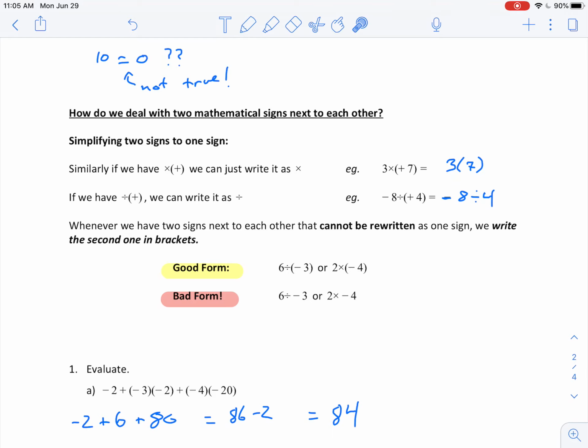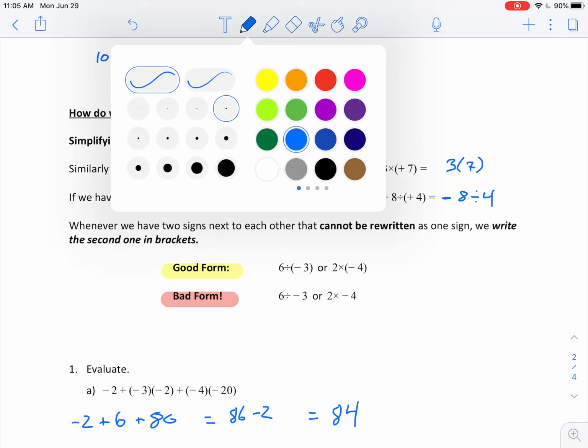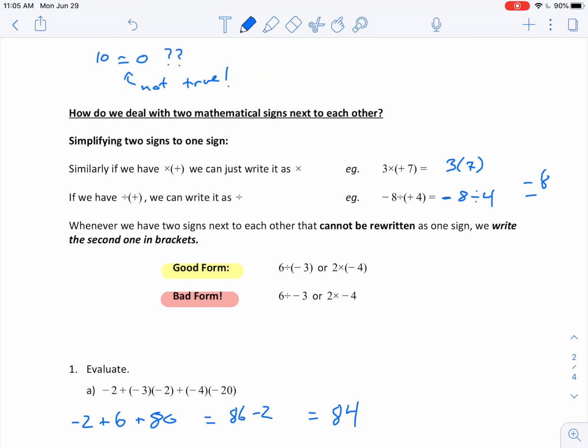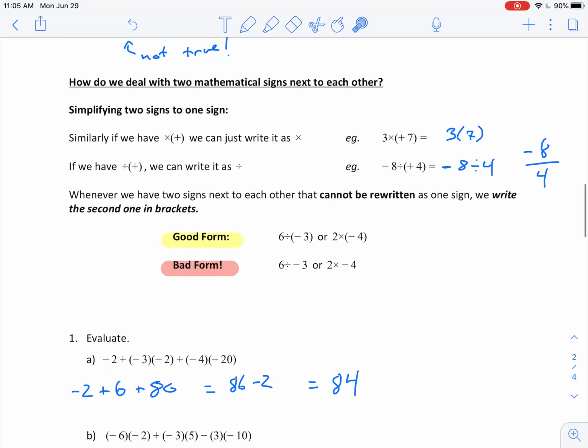That's to eliminate the x because we don't want to confuse that with variables. This would be the best practice of writing multiplication. If we have division of a positive, we can simply write it as divided by. So we'd have negative 8 divided by, in brackets, positive 4. That can be written as negative 8 divided by 4. You'd see that in fraction format as well.